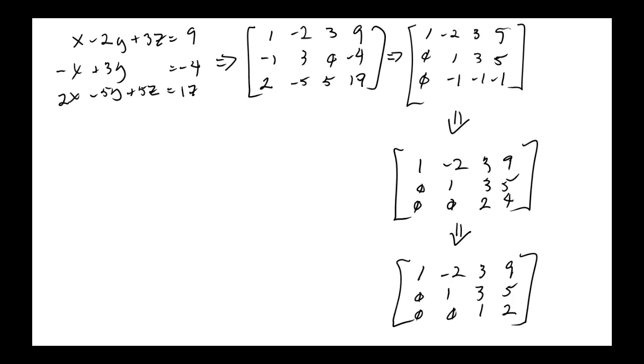What does that mean? Here are the three requirements for row echelon form. The first non-zero entry in every row is a 1. Secondly, of course, that really means everything under a leading 1 is a 0. And the third is that the 1s go to the right and down every time.